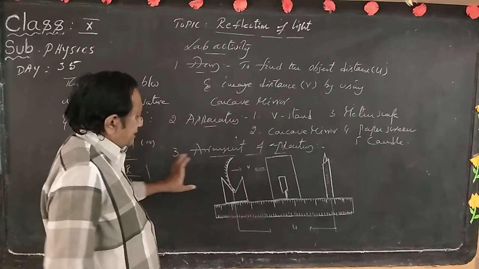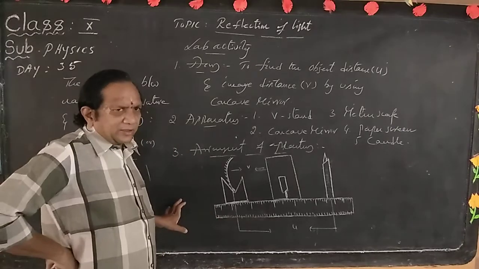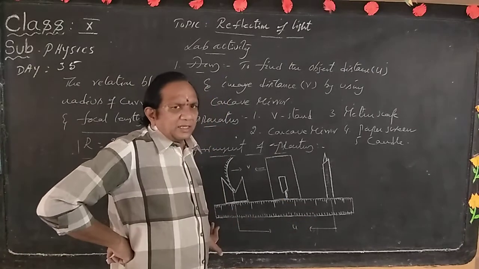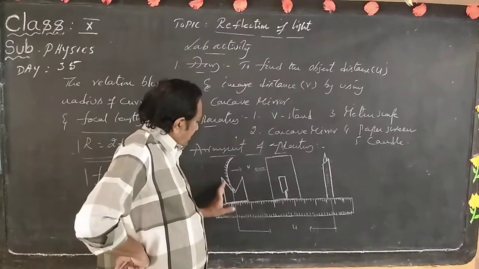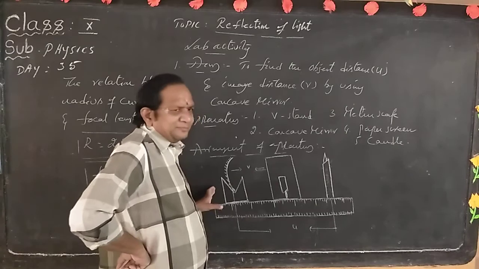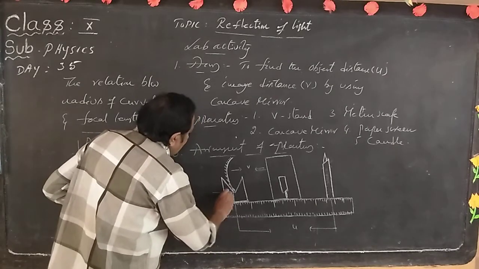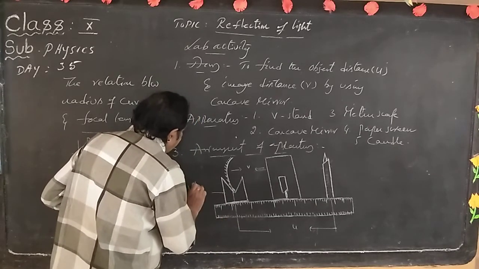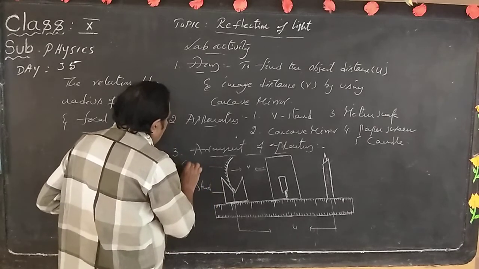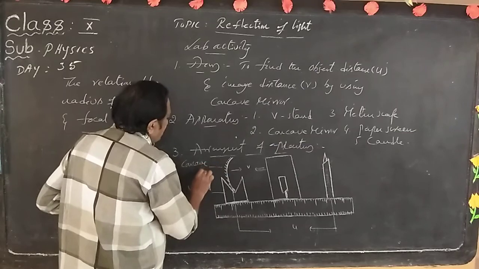Understand? In this experiment, arrange a one meter scale on a horizontal plane. At one particular distance, place the V stand, and on that place the concave mirror.